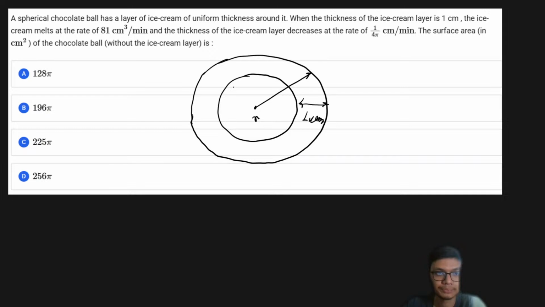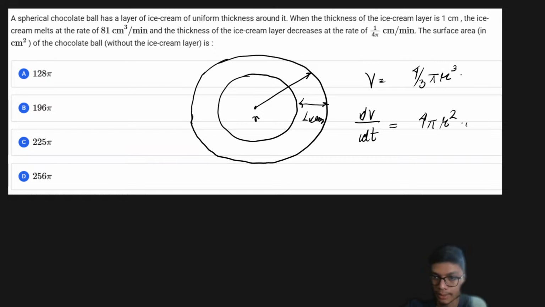From here, the volume of a sphere is given by 4 by 3 pi r cube. If we differentiate this volume with respect to time, I'm going to get the answer as 4 pi r square into dr by dt, right?